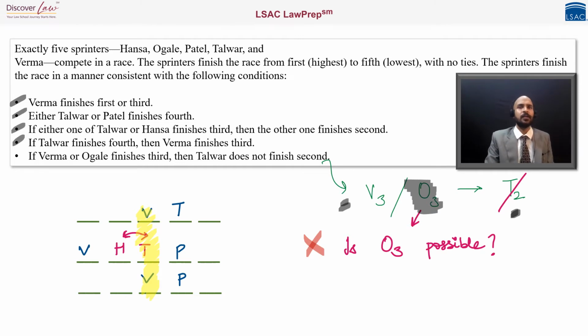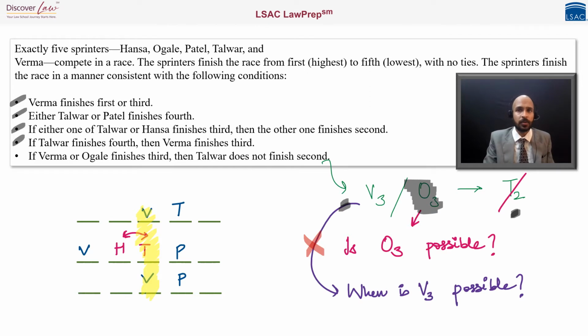Next, now that we have the rule as V3 not being T2, when is V3 possible? Is V3 possible in the second case? No, because we know that in the second case it has to be either H or T in the third position, which means that this rule of V3 not T2, which means the fifth condition, applies basically only in the first and the third condition.